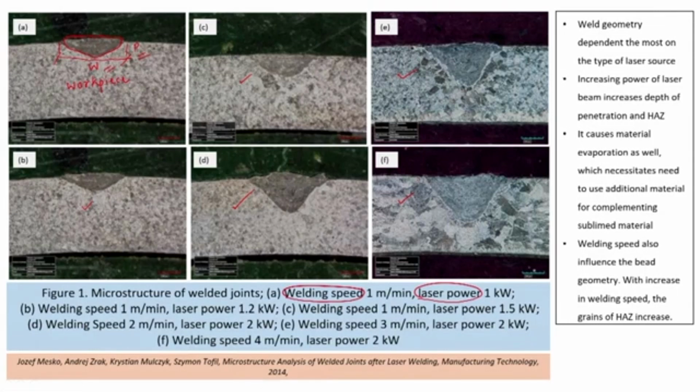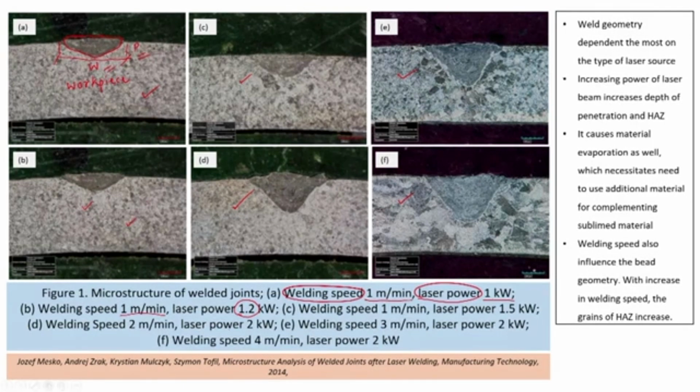Now, you note the values of speed and power for all these cases. For case number A, the weld speed is 1 meter per minute and the laser power is 1 kilowatt. For B, the speed is 1 meter per minute, which is the same as A. However, we have increased the laser power by 200 watts, so it is 1.2 kilowatt.